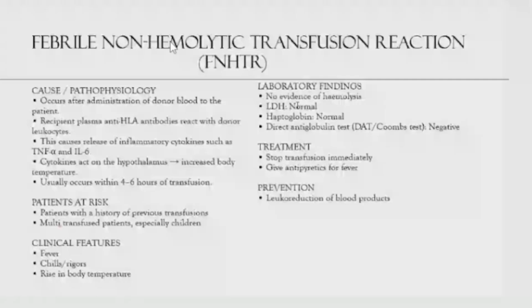And also this Coombs test is basically a test in which we test the red blood cells of the patient for specific antiglobulin, because there are two types of Coombs test. There can be a direct antiglobulin test and an indirect antiglobulin test.